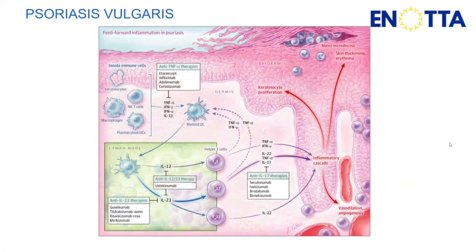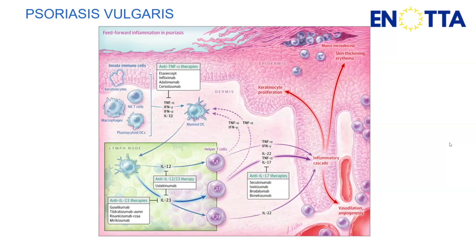So a bit of the back to the basics, the immunological mechanisms. In short, in genetic predisposed patients, after a trigger, we get the development of self or auto-antigens and self-RNA and DNA, and they will stimulate the plasmacytoid dendritic cells in the skin, and they will stimulate the myeloid dendritic cells, and they in their turn produce the key interleukin 23.